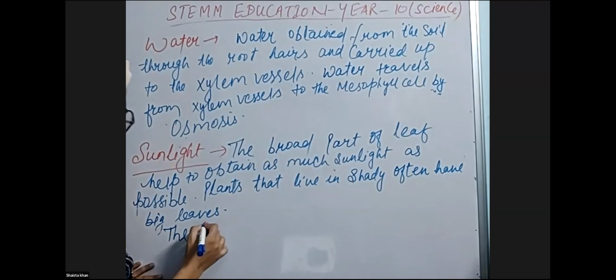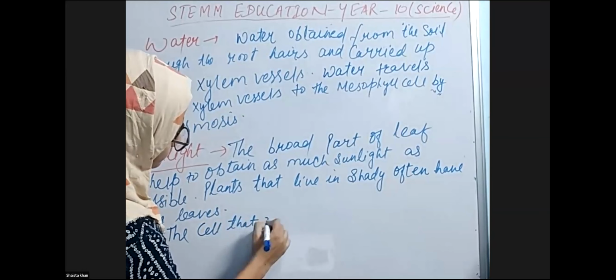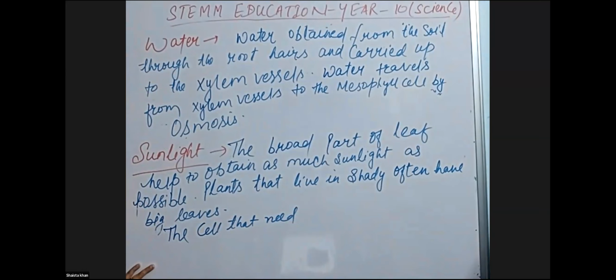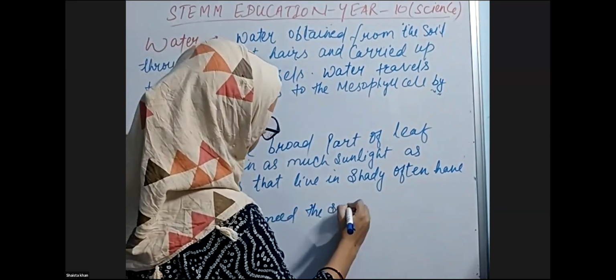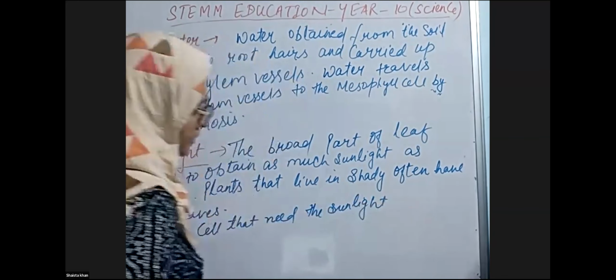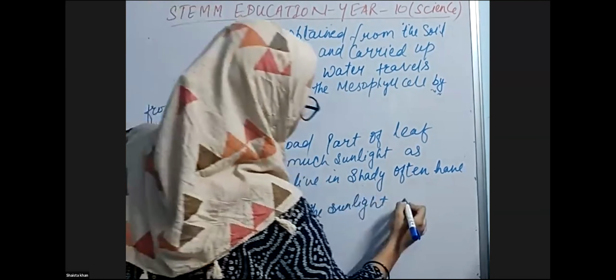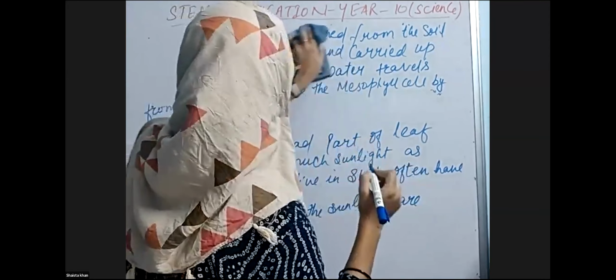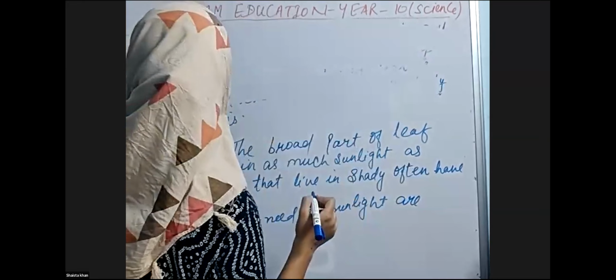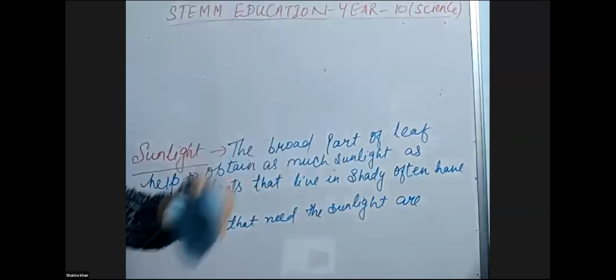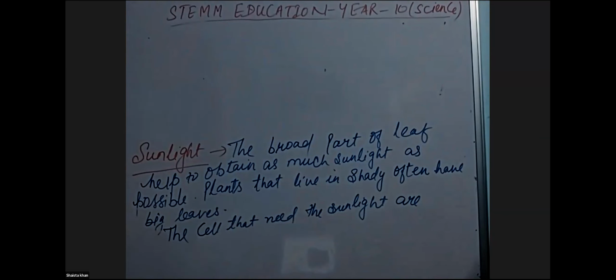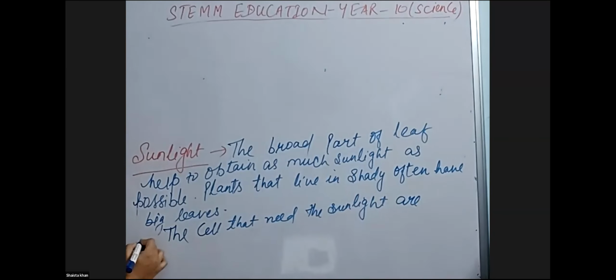The cells that need the sunlight are mesophyll cells. Is the lower side of the board visible?